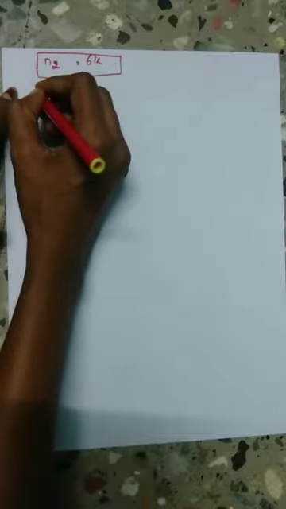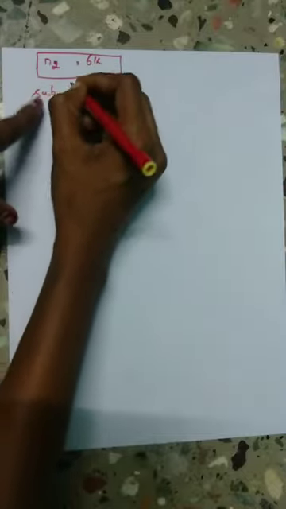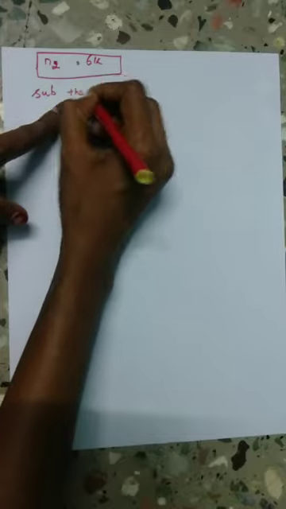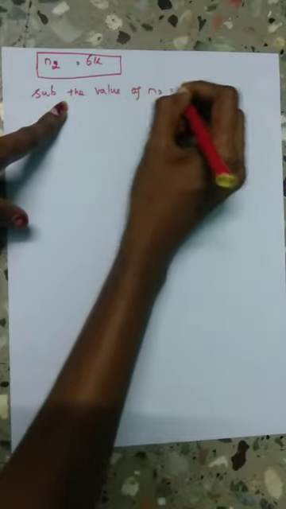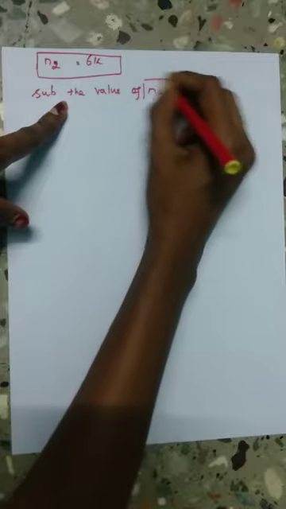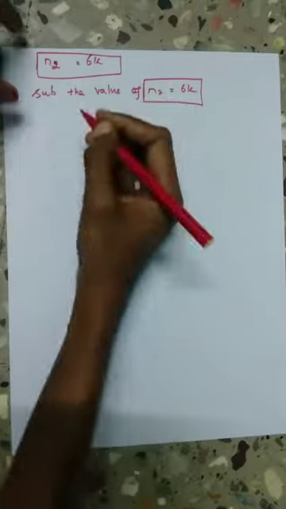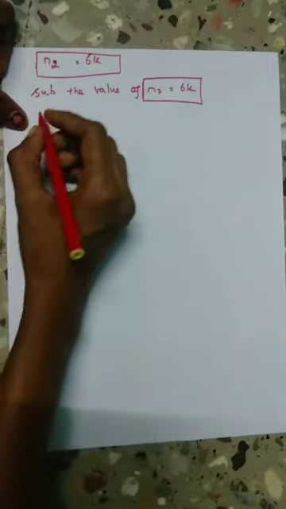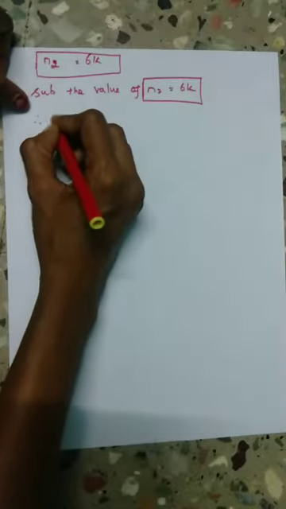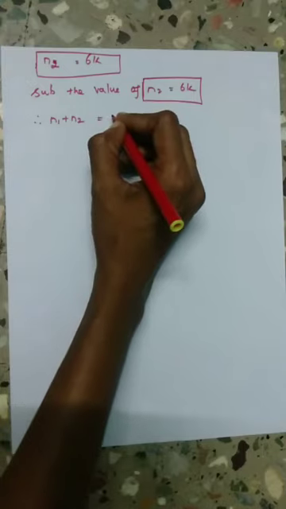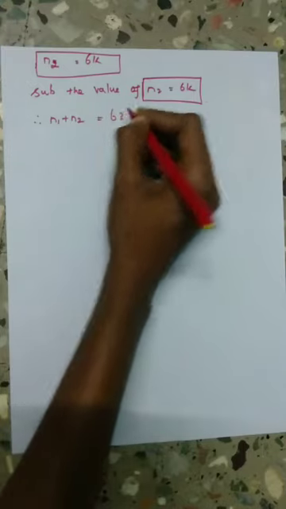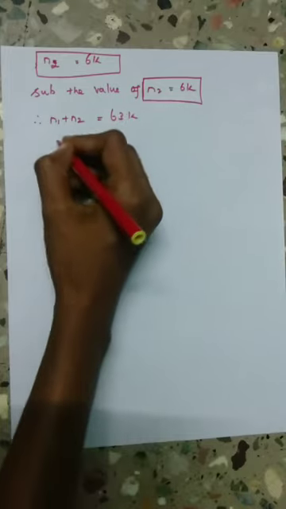So we have to substitute this value of N2, that is 6K, in the first equation. Therefore N1 plus N2 gives 63K.